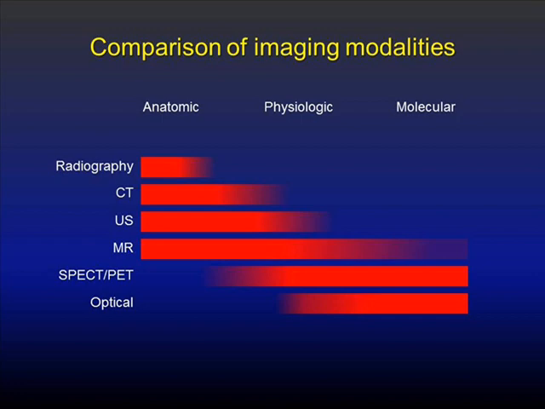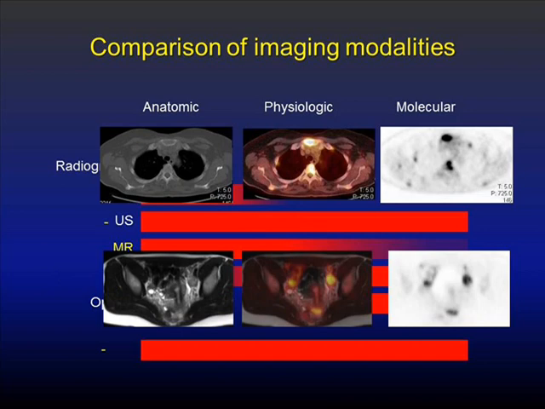You can get anatomic images, so a chest X-ray or a bone X-ray gives very, very nice anatomy. It's excellent. But it really doesn't tell you what molecules are present in those lungs or bones. CT, similarly, gives you great anatomy, but not much physiology, not much molecular information. Ultrasound gives you some. MR can span the spectrum, but it's better at anatomy and physiology.